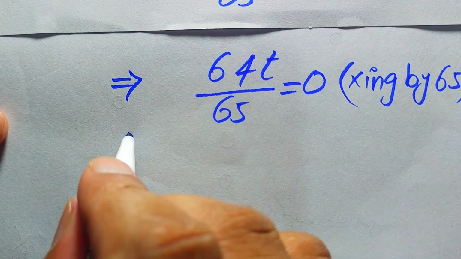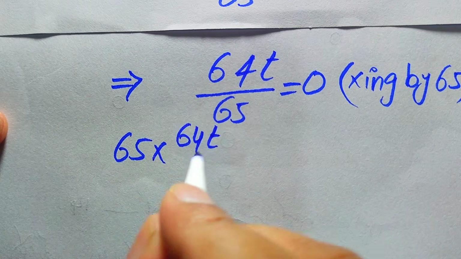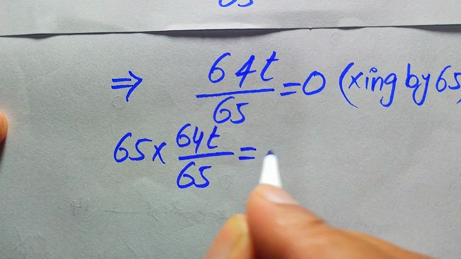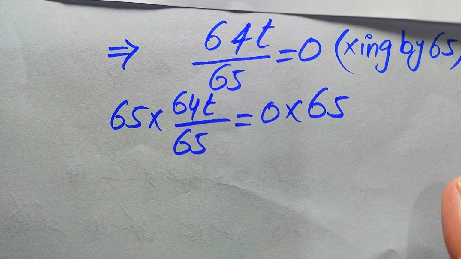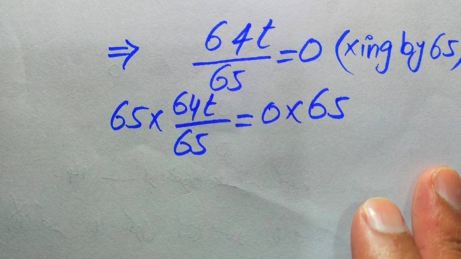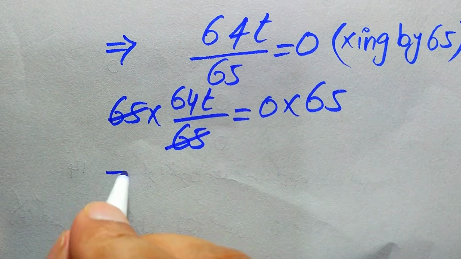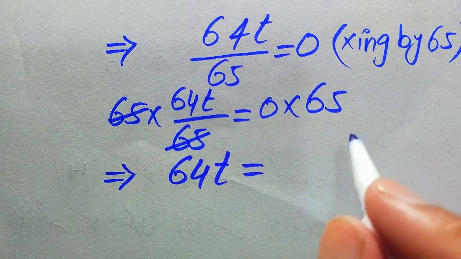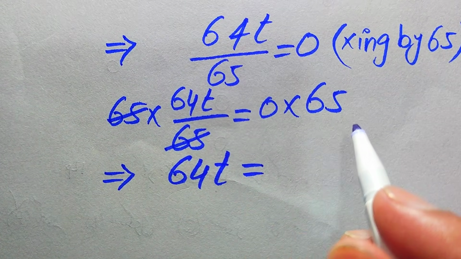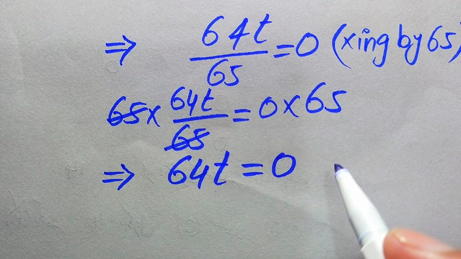So we get 65 times 64t divided by 65 is equal to 0 multiplied by 65. Now this 65 and this 65 cancel out, and we get 64 times t is equal to 0 times 65, which is equal to 0, because when we multiply 0 with any other number, we always get 0.